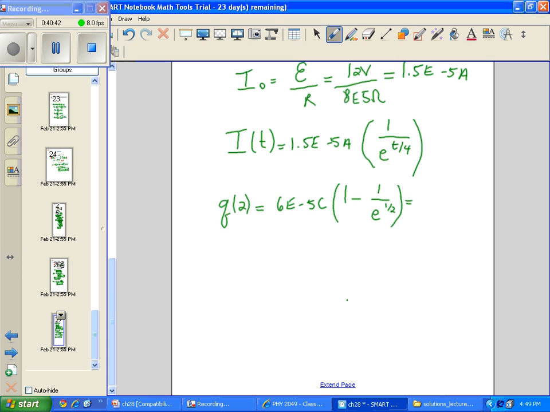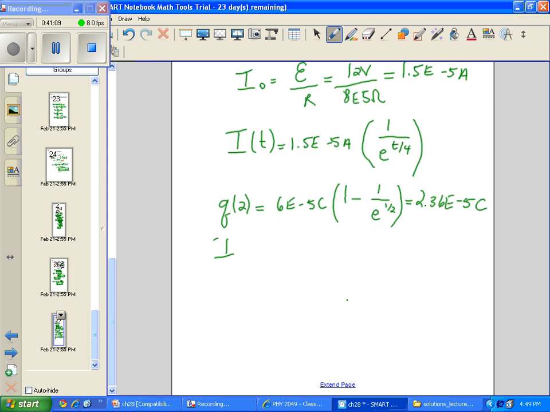And when we plug these values in the calculator, we get 2.36 e to the minus 5 coulombs. So at 2 seconds, or half a time constant, our capacitor has accumulated 2.36 e to the minus 5 coulombs of the possible total of 6 e to the minus 5 coulombs.